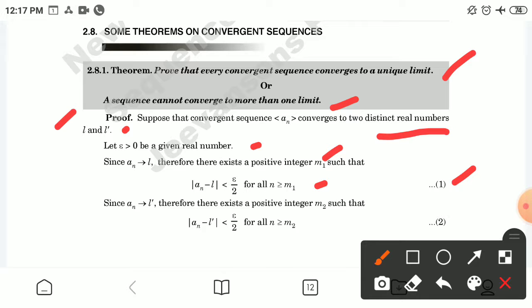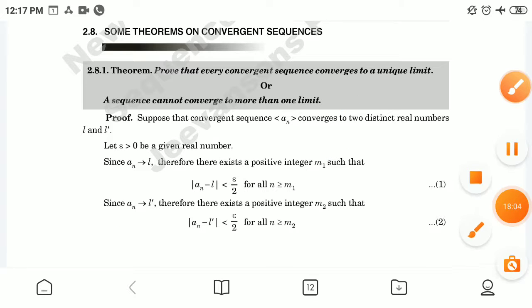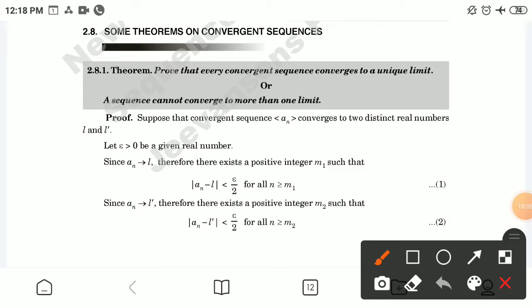Since a_n also converges to L dash, using the definition of convergence again, there exists a positive integer m2 such that |a_n minus L dash| is less than epsilon by 2 for all n greater than or equal to m2, marking this as number 2.